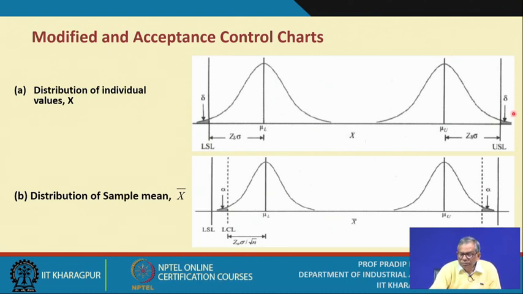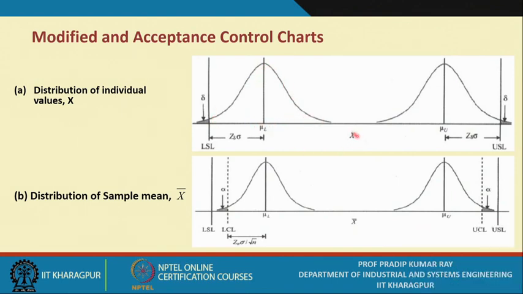This is your distribution of the individual values. I am assuming that the individual x value is normally distributed, and that is the case in a running production system for a particular quality characteristic. So there will be a mean somewhere here.